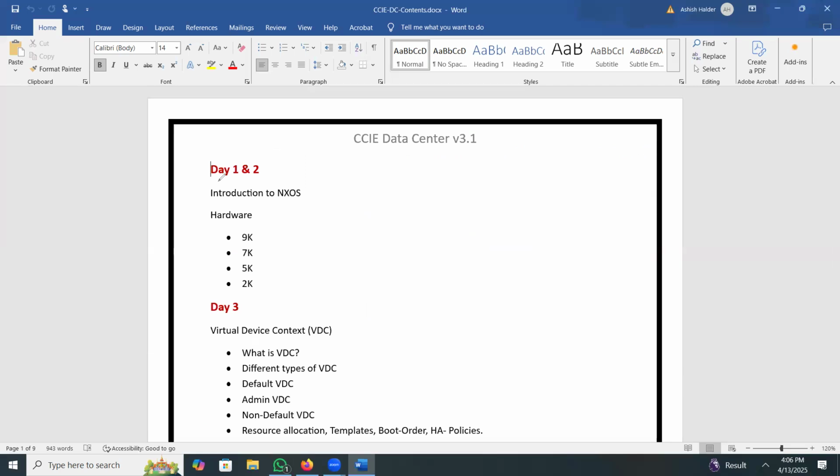On day 1 and day 2, I will discuss the introduction to Nexus. First, what is the hardware for Nexus? In CCIE Data Center, there are 2 types of data center. One is the classical data center, which means Cisco Nexus based.